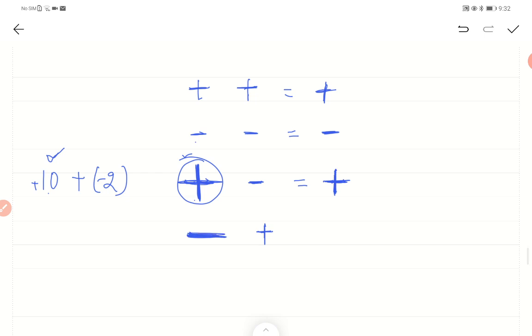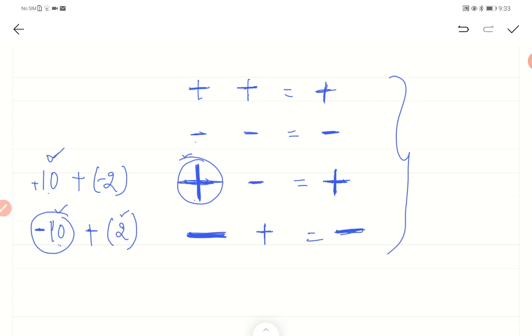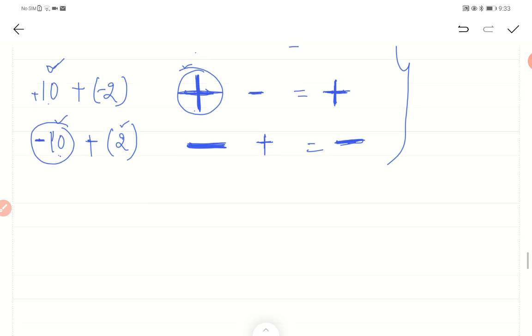If my big number is a negative integer, like minus 10 plus 2, then whatever output you get after adding, you will take the sign of the big number. Between 2 and 10, your big number is 10, so your output will be negative. Alright, so remember these things. These are very important for your addition. When we do more and more problems, you will remember these things.